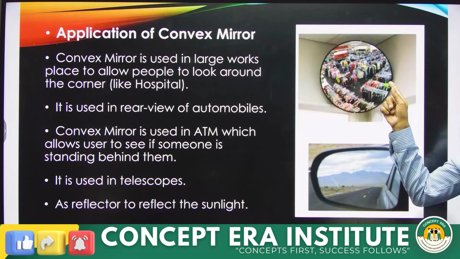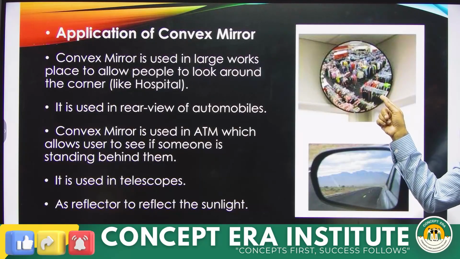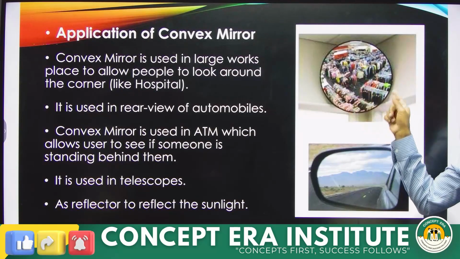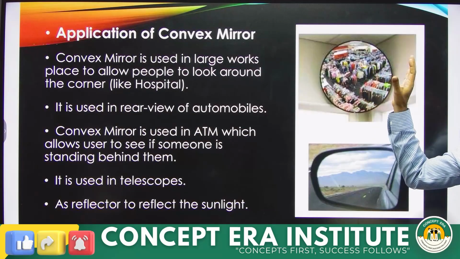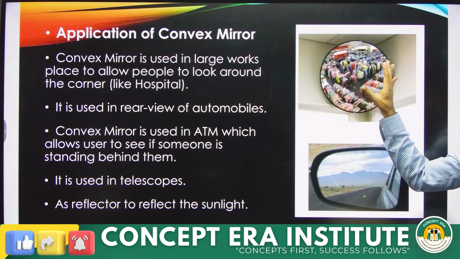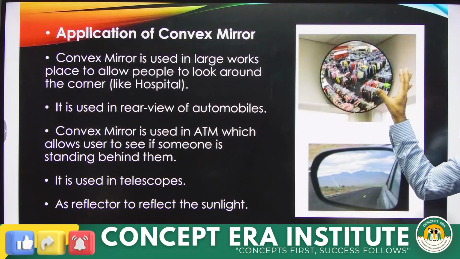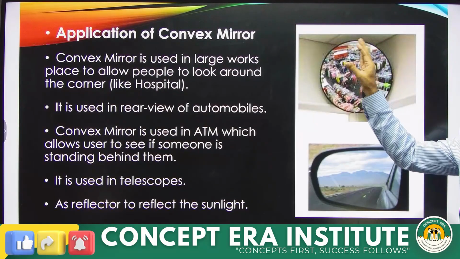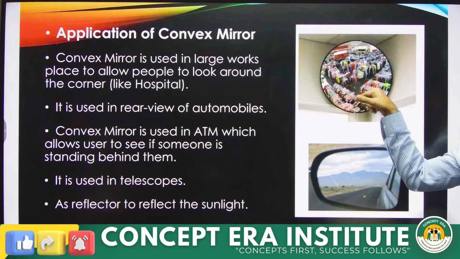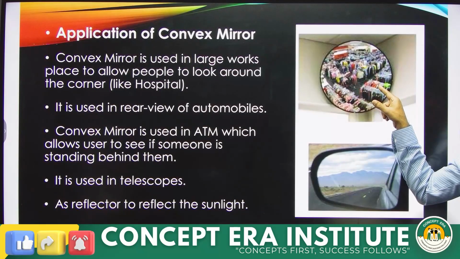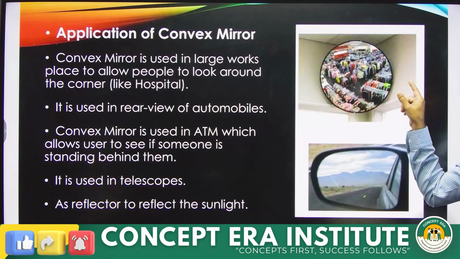In the departmental stores, where it is very difficult to keep an observation on every corner of the store, large convex mirrors are used which produce a smaller image, but they are covering almost the full area. So we can see no shoplifting is being done or any problem is occurring in the store.